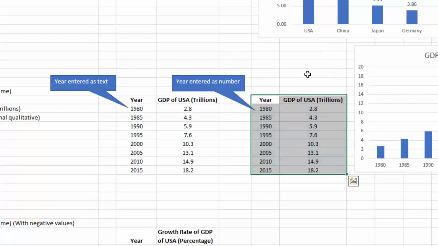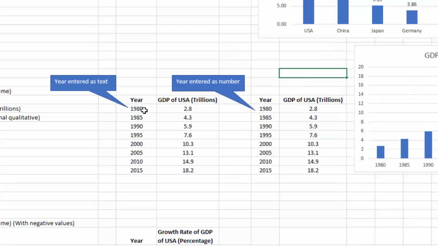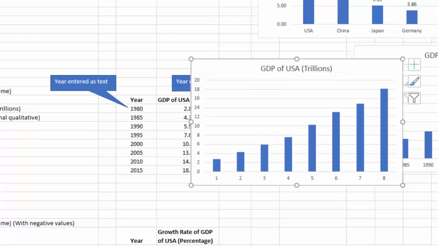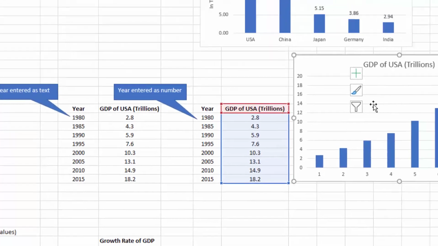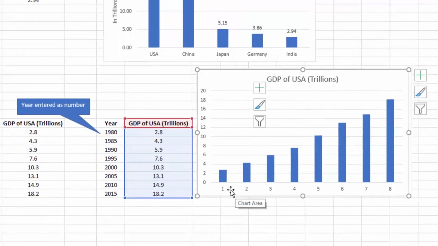The other thing you could have done, suppose you didn't know how to put numbers as text. You could say, okay, let me not select the year. Let me just select this, and I insert a column chart there. And then what you could do is, on the x-axis, you get 1, 2, 3, 4, 5, 6, 7, 8.